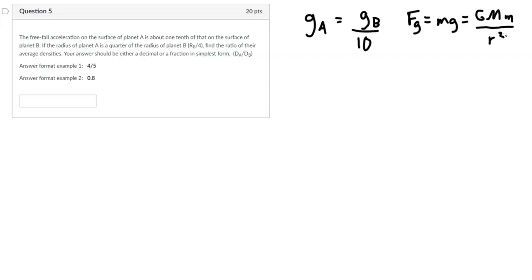Now, something that you might notice is fairly helpful here is that the little m's cancel out. So your gravitational acceleration is basically big G, mass of the planet, divided by the distance you are from the center of the planet squared, which also probably is going to be helpful to us.